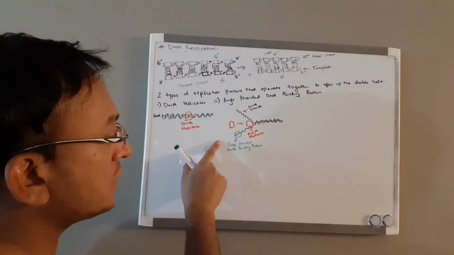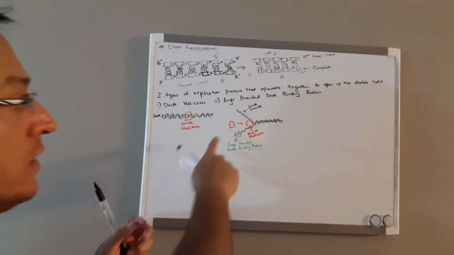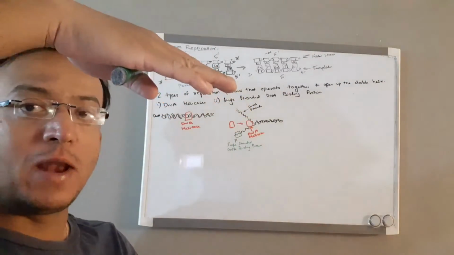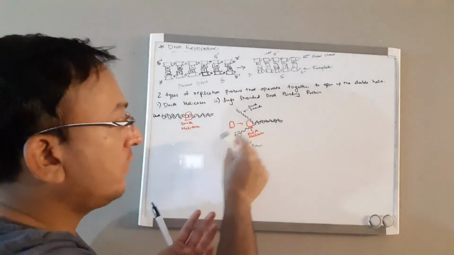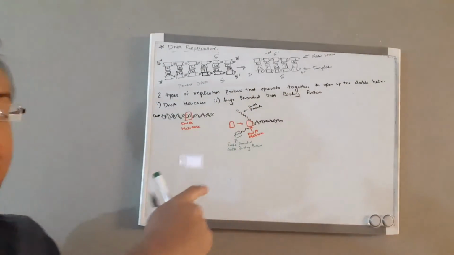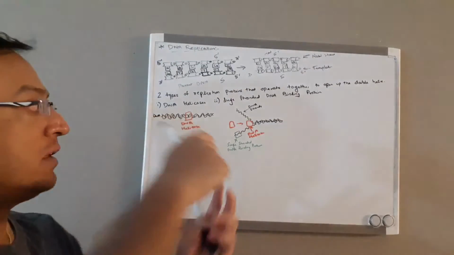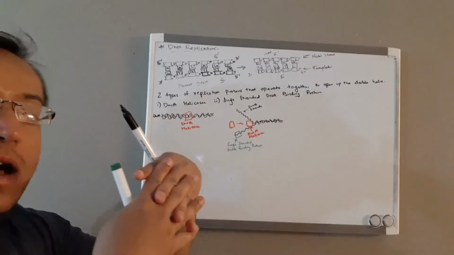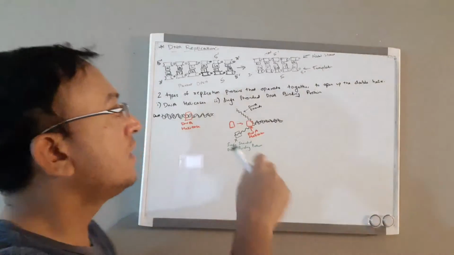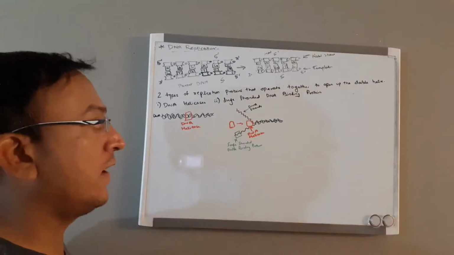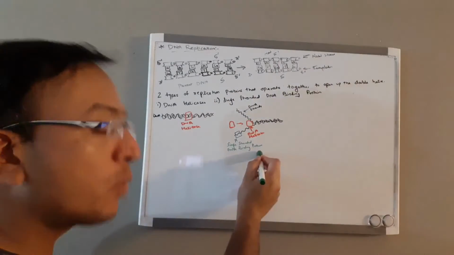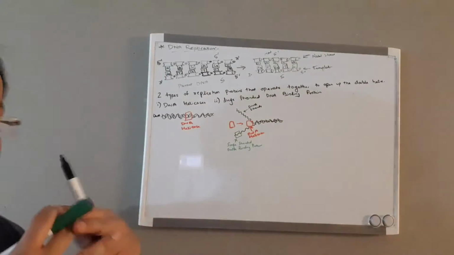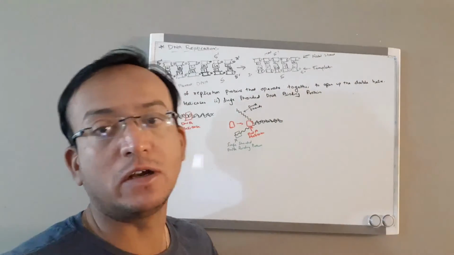Why does it cling to the single strand of the DNA? As the DNA helicase moves further and opens up the double helix, if the single strand DNA binding protein is not present, what will happen? The separated DNA strands will base pair together again and form the helix structure. So the single stranded DNA binding protein stops the DNA strands from base pairing with each other.